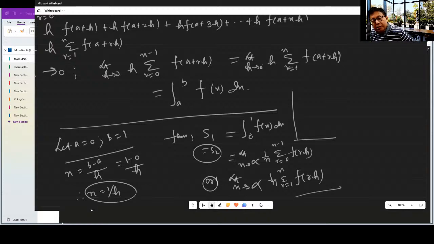Okay? So it is very interesting to note that if a series is of this form, then its value is this integration. Got it? If we can express a series in this form, then its value is going to be equal to integral 0 to 1 f(x) dx.